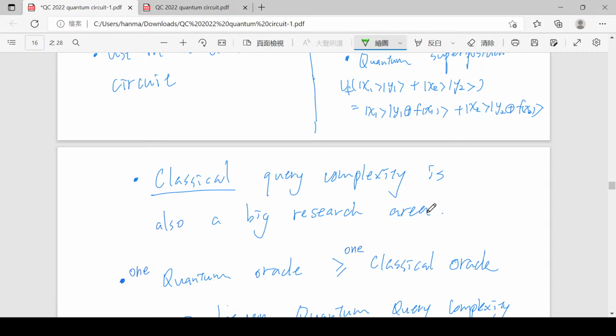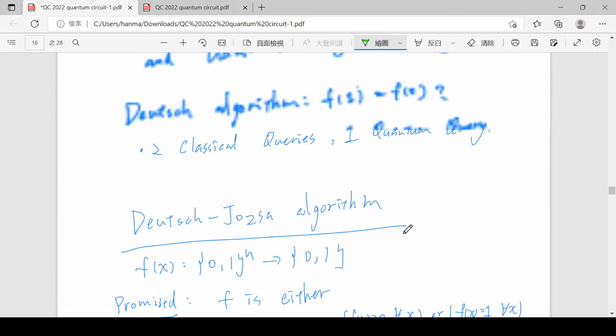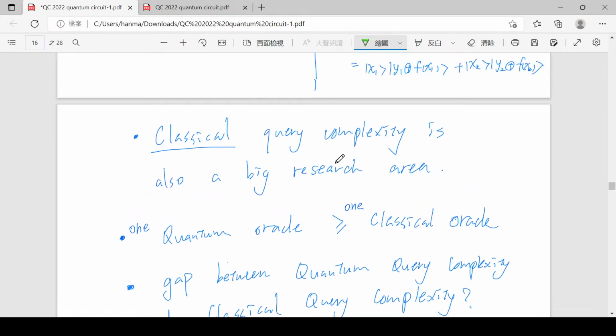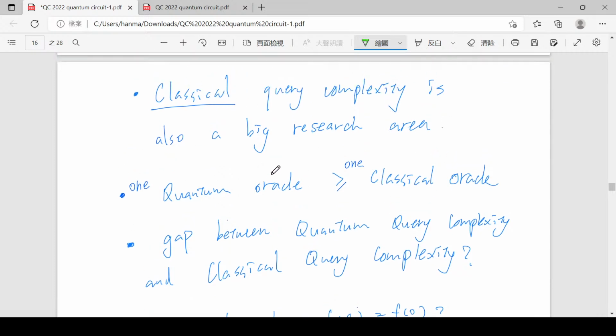Then there is the comparison between classical and quantum query. Classical versus quantum complexity is also an interesting research area in computer science. For quantum computation, we want to compare classical query complexity and quantum query complexity.